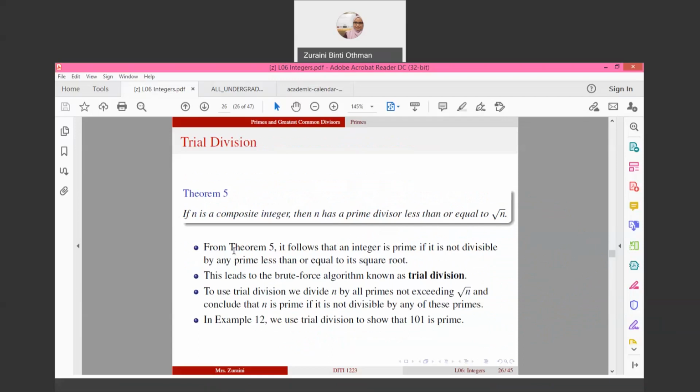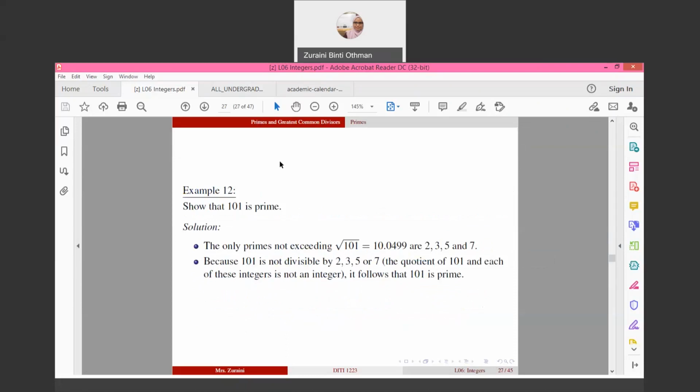Okay, this leads to a brute force algorithm known as trial division. To use trial division, we divide n by all primes not exceeding the square root of n and conclude that n is prime if it is not divisible by any of these primes. In example 12, okay, so we look at example 12 here.